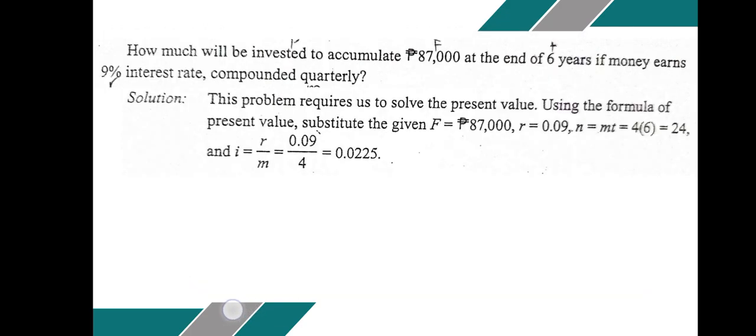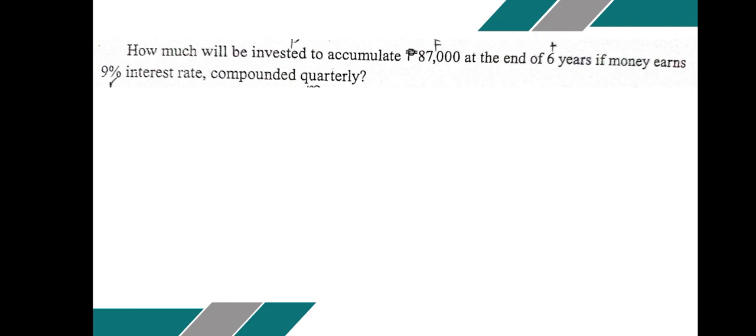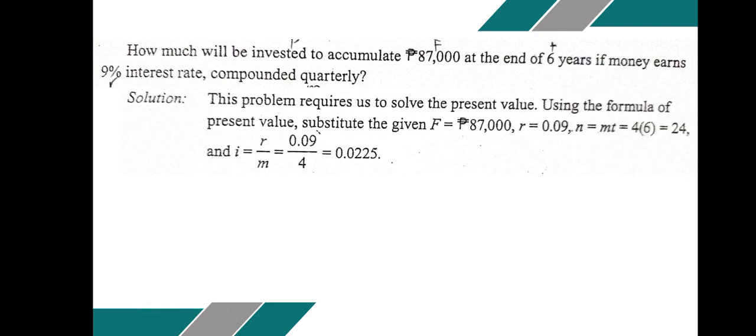And then, last example, we have here: how much will be invested to accumulate 87,000 pesos at the end of 6 years if money earns 9% interest rate compounded quarterly? So, quarterly. Okay, so our given information here, we have the compound amount.